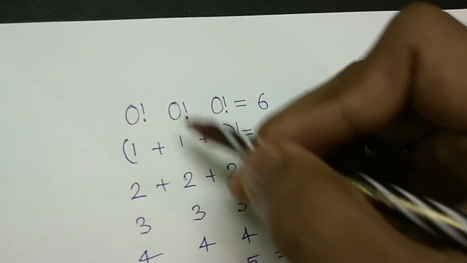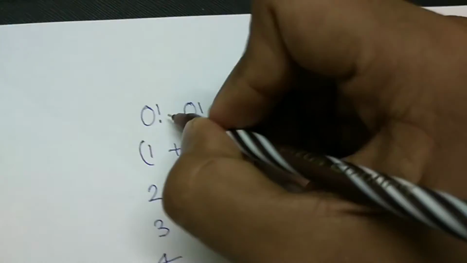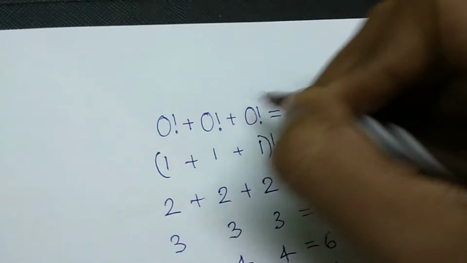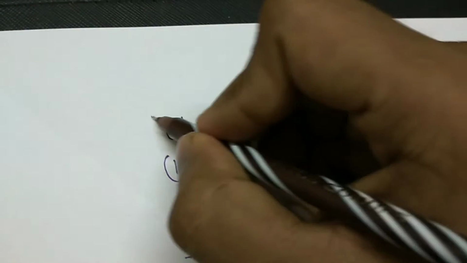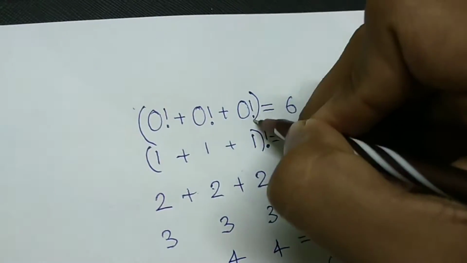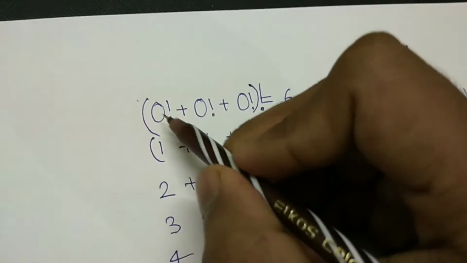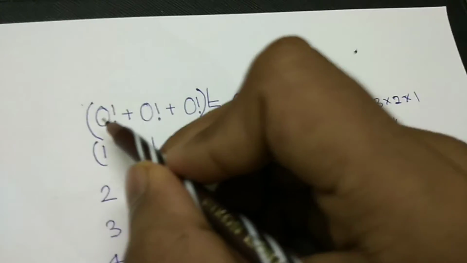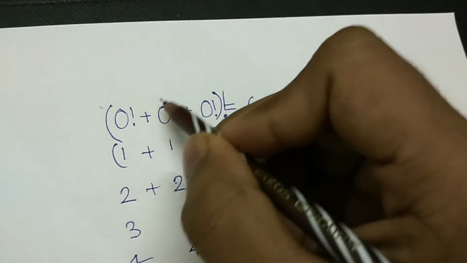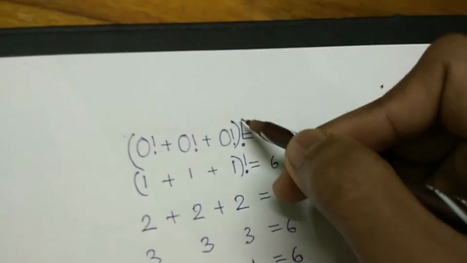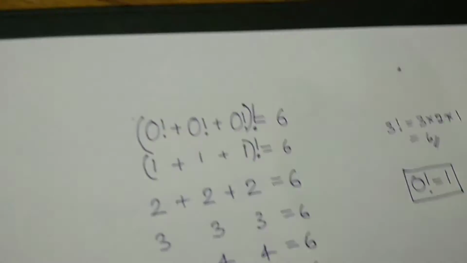So we can use this same principle here. So it will be like this, the whole factorial. Since each 0 factorial is equal to 1, it will be 1 plus 1 plus 1, that is 3, and as we saw before, 3 factorial is 6.